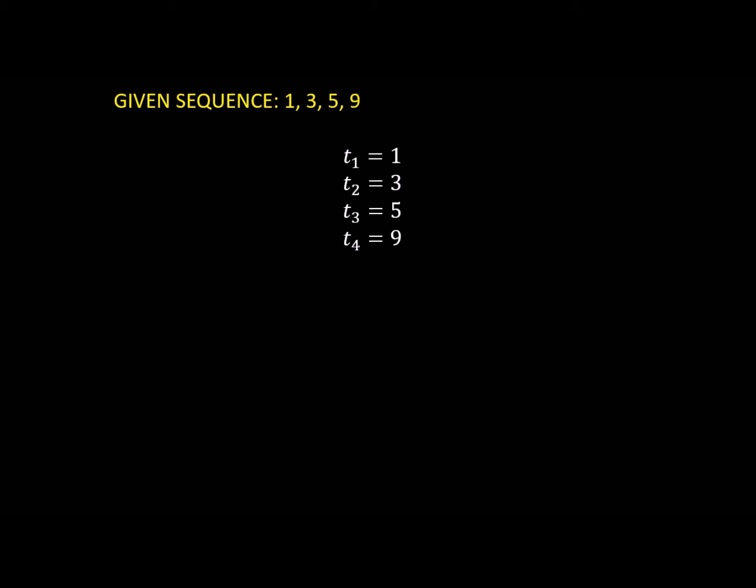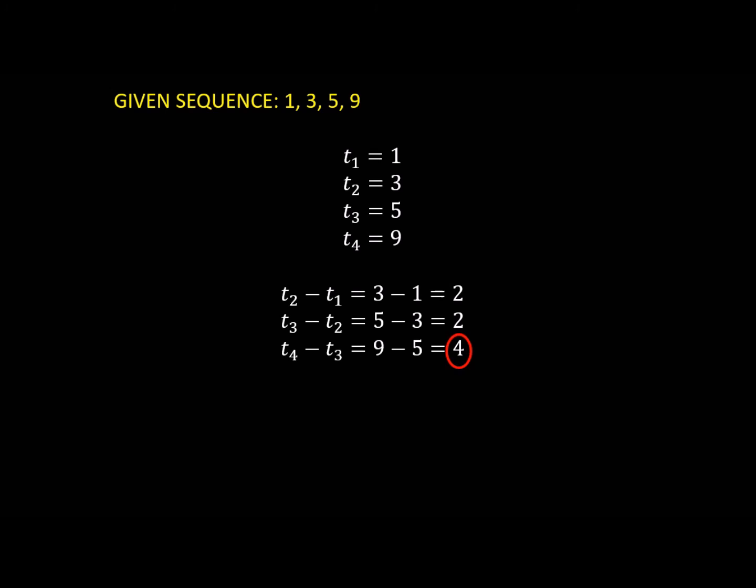First we do T2 minus T1, that is 3 minus 1, which gives us 2. Next we take T3 and T2. T3 minus T2 is 5 minus 3, which is again 2. Finally we do T4 minus T3. This time that is 9 minus 5, which is equal to 4. So here we see that this difference is not equal to the other 2 differences that we got. In the first two cases we got 2, but now we got 4.